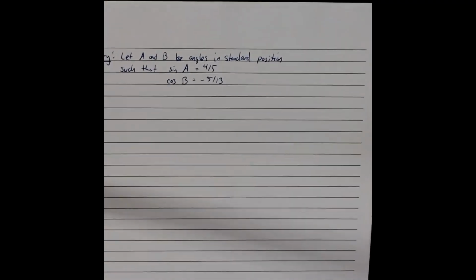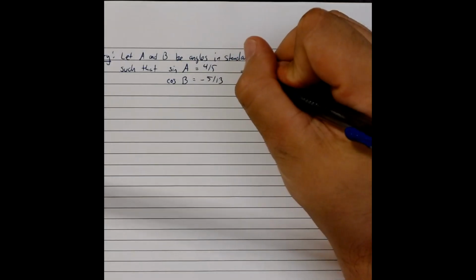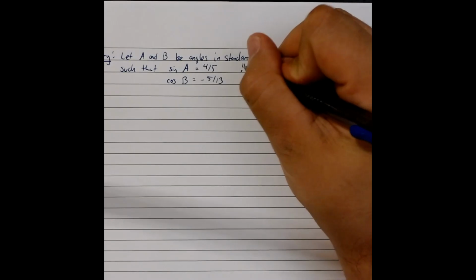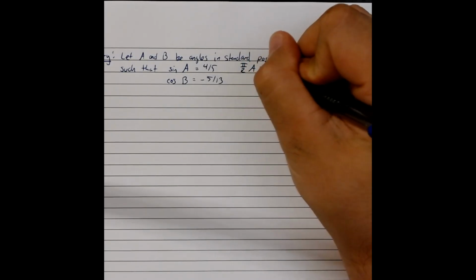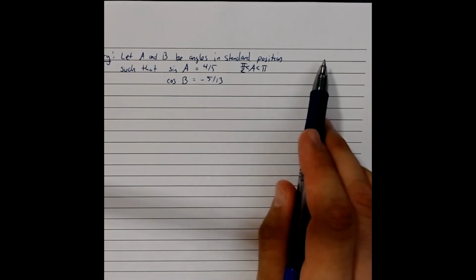Right? So you're given those values, and you're also given that A is somewhere between pi over 2 and pi. Oh, well, that means that it's somewhere in quadrant number 2.